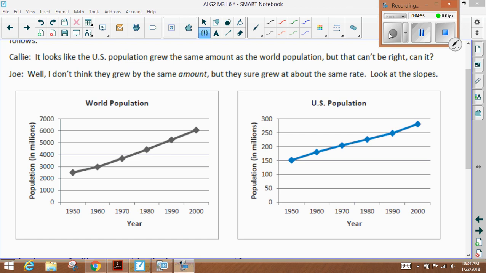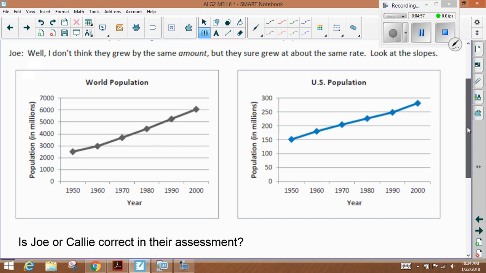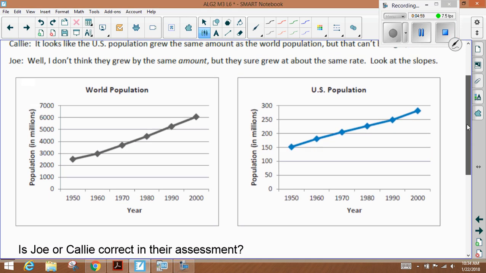So let's look at them. If we were to look at the slopes, we're talking about rate of change. Remember, if we look at the slopes, it was our change in y, some people say rise, over our change in x, right? You would call that our rate of change, right? So over here, we have our change in y over our change in x.